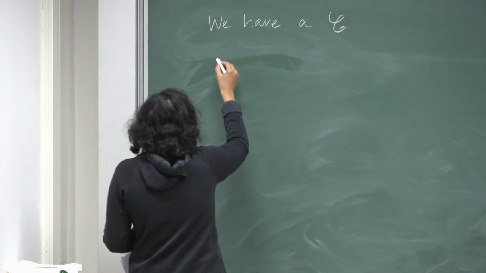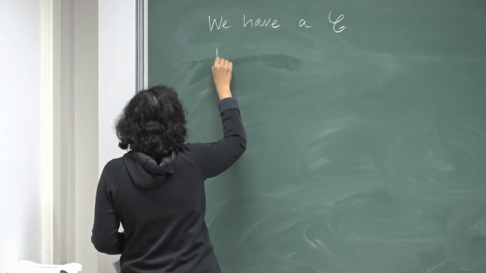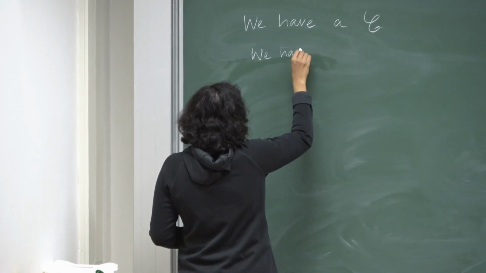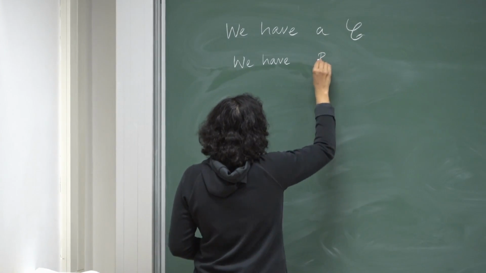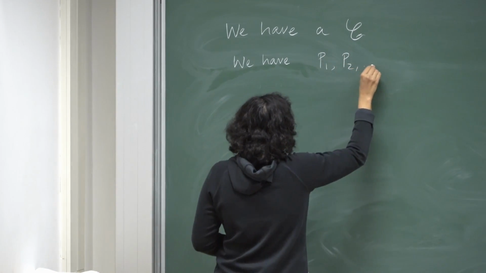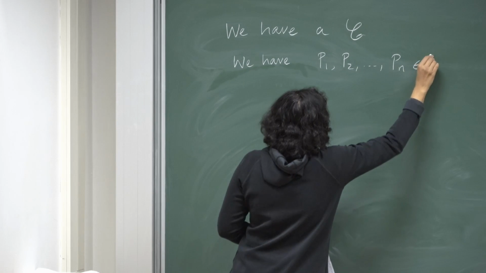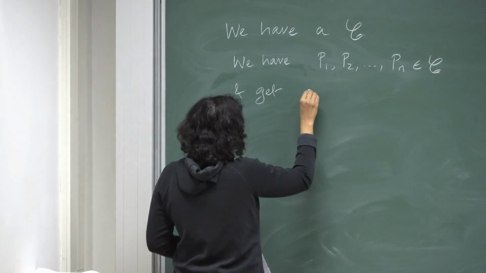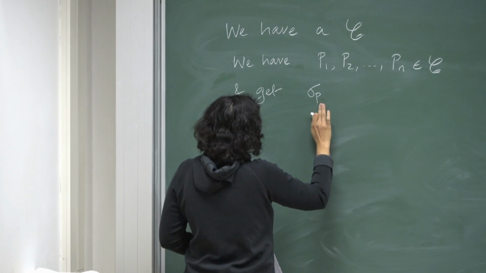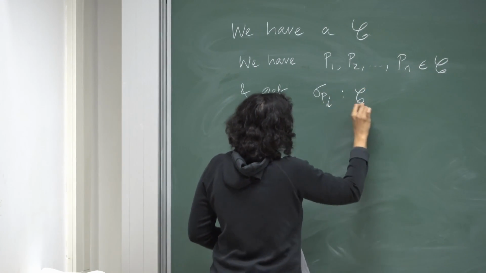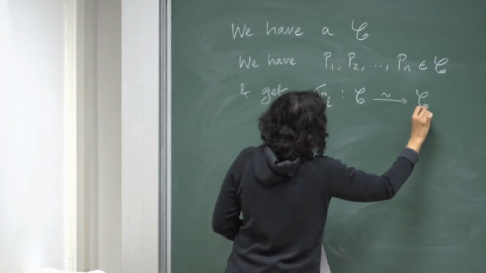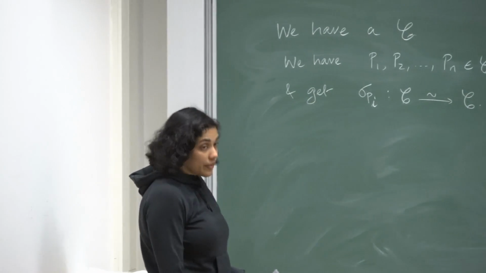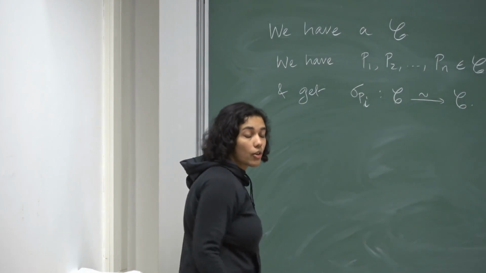So we also have distinguished objects. We start off with these distinguished objects P1 through Pn inside of C, and we acquire sigma Pi. These are functors from C to C, equivalences, so they're elements of the auto-equivalence group.